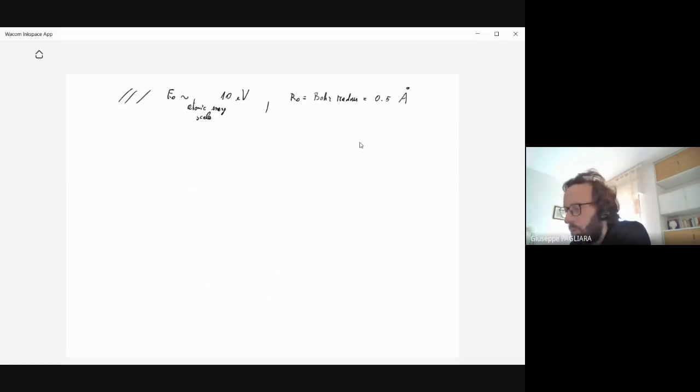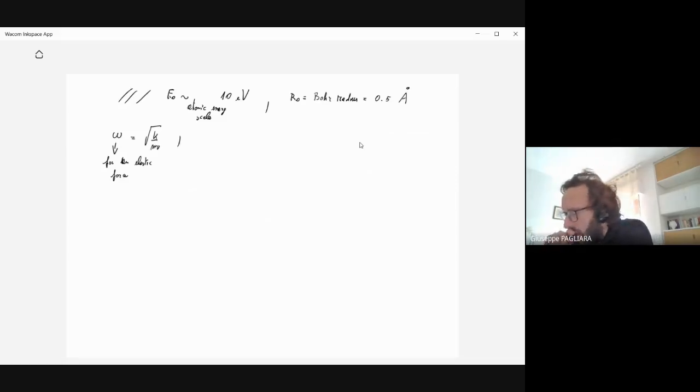Okay. And also remember that omega for an elastic force is related to the mass and elastic constant by this relation. It's the square root of k divided by m.